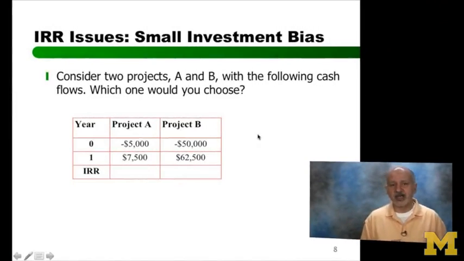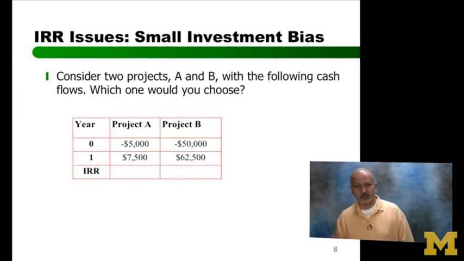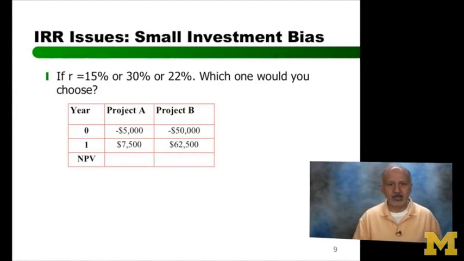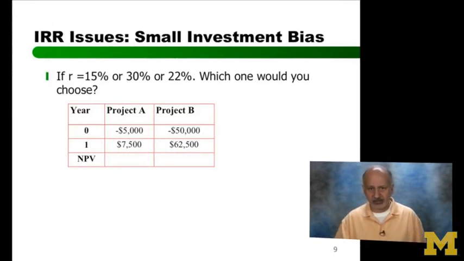So let's see what happens, okay? Let's see what happens. I'm comparing, just simply, if I look at just the IRR, I'm just comparing again two projects internally. Let's do the NPV calculations, okay? The first number is 15%, and I'm not going to do the calculations with you on an Excel.